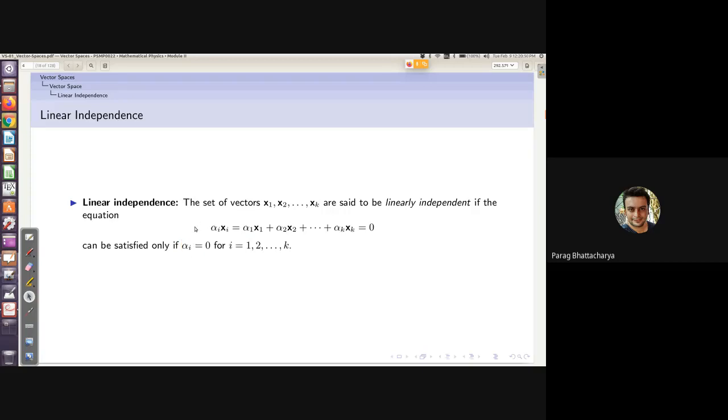If this is the only way by which you can satisfy this equation, then we say that these vectors are linearly independent.